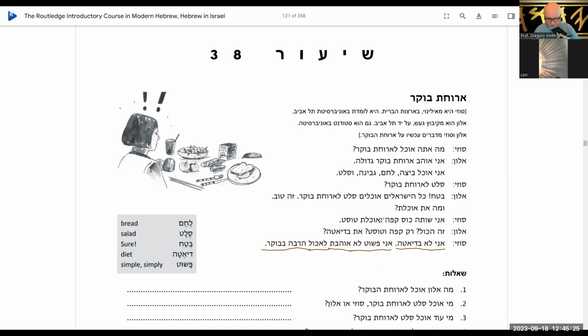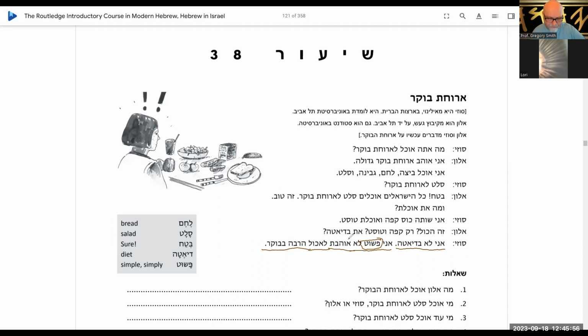Ani pashot lo arochat lehol harbe baboker. Yeah, baboker. That's right. So that ani pashot has got to be, I just, let's see, I just don't eat. It's almost like pashot by itself is, let's see, I just no eat.